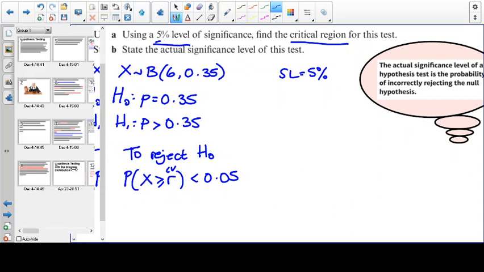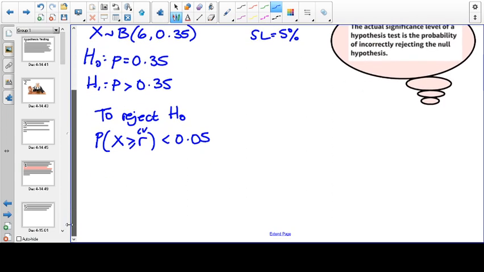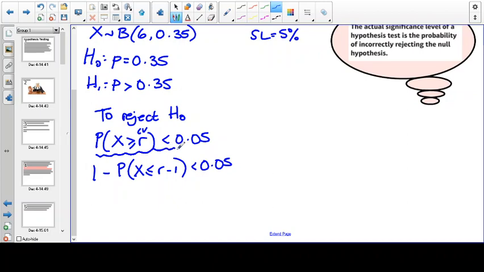Now remember that your calculator will give you less than or equal to, so that's the same as 1 minus the probability that x is less than or equal to r minus 1. Okay, so write that down. This is your statement that you're going to compare things to, which I've just rubbed out, which is annoying.